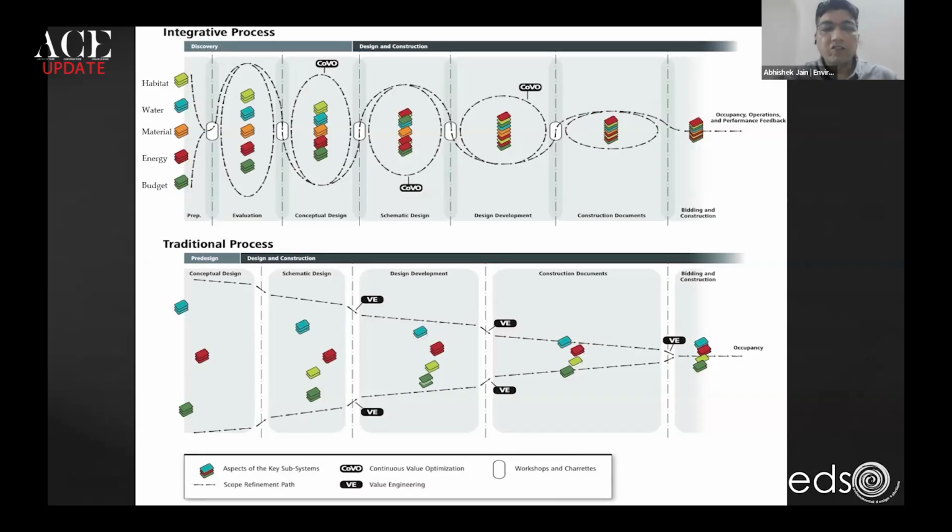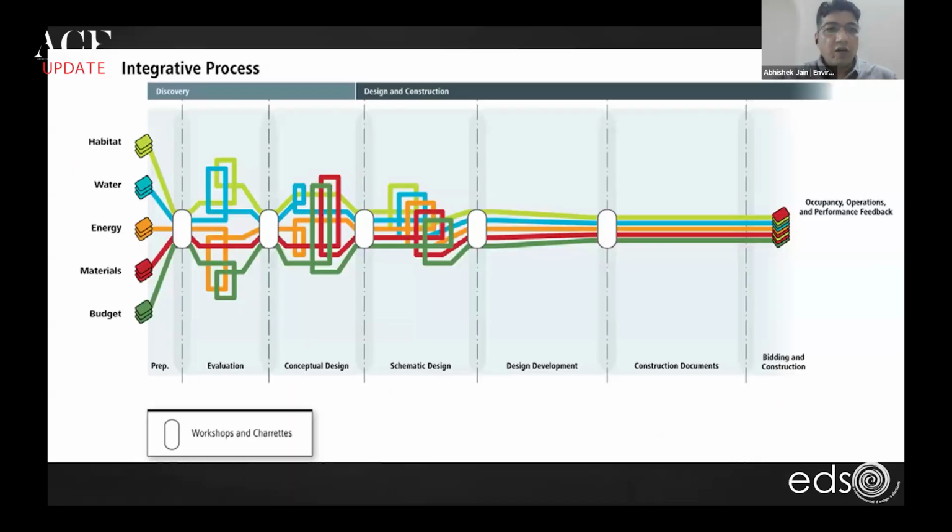Whereas what a green certification process enforces on the stakeholders is to engage in an integrative design process where all the stakeholders do a continuous value optimization throughout the pre-design, detailed design, and construction stage, which ensures a seamless and optimized design.